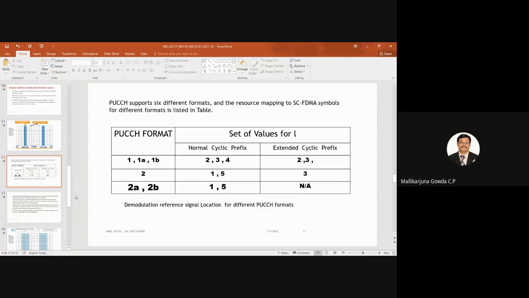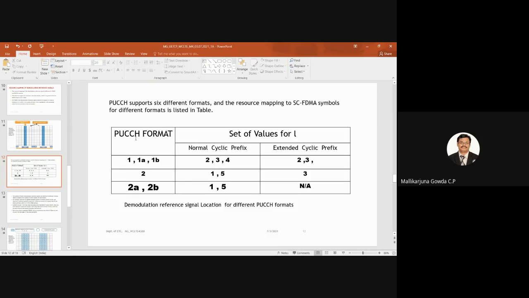This table is a set of values for l for normal cyclic prefix as well as for extended cyclic prefix. This is the location of the demodulation reference signal for different PUCCH formats.